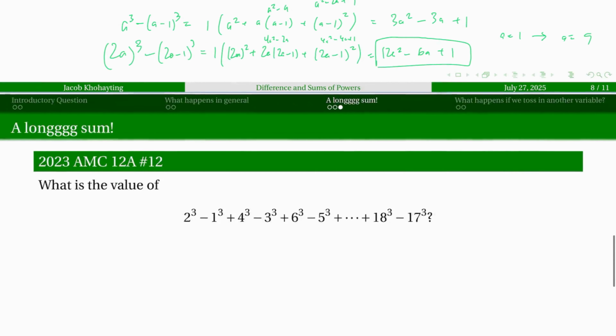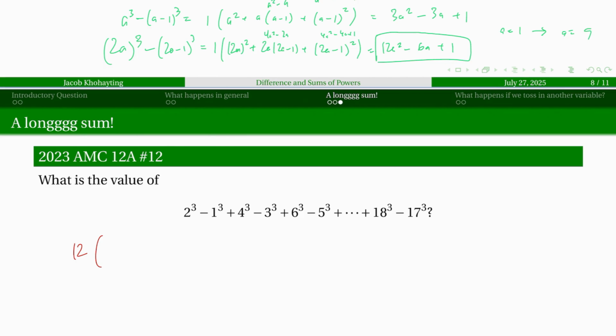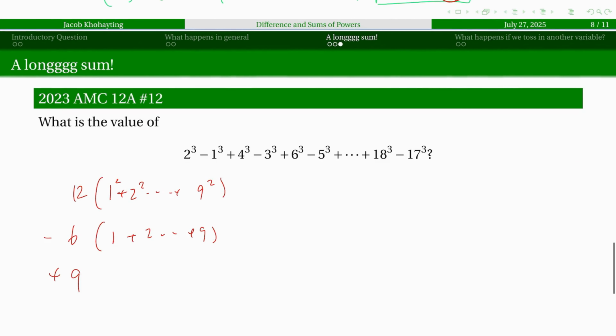Okay, so we want to find the sum. So we want to find 12 times 1 squared plus 2 squared, and so on until 9 squared. We want to find minus 6 times 1 plus 2 until 9, and then we want to add 9 since the 1 happens 9 times.